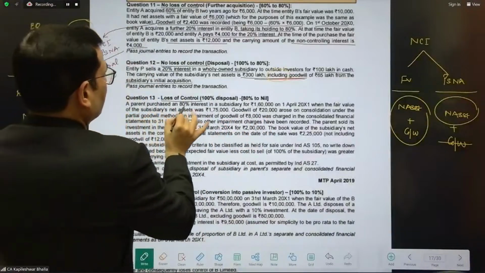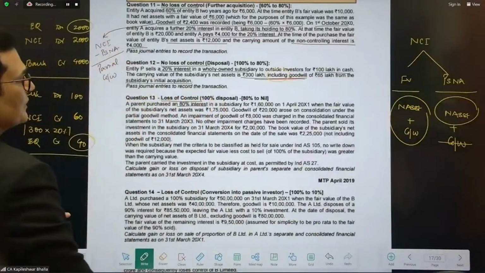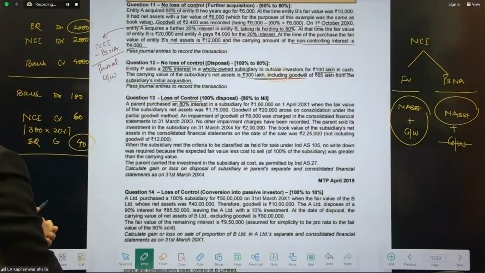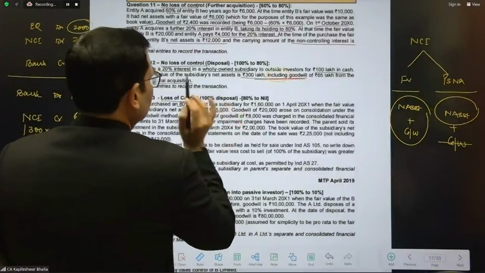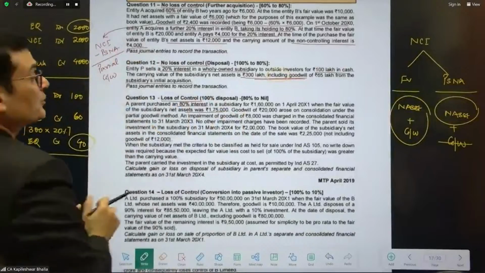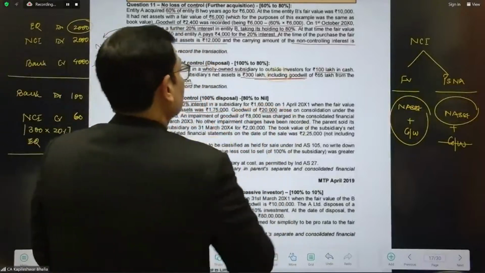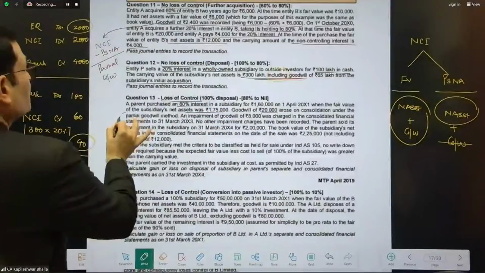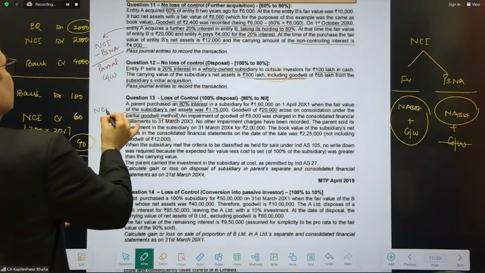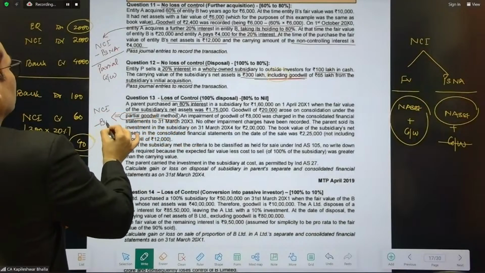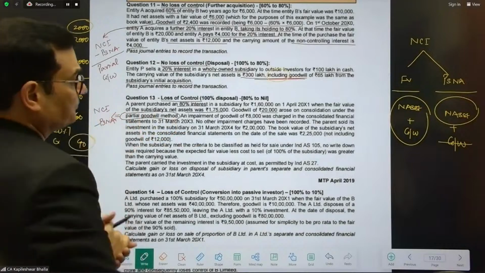It says a parent purchased 80% interest for 1,60,000 on 1st April when the fair value of the net assets is 175. And there is a goodwill of 20,000 which arose under the partial goodwill method, which means the NCI is taken again at proportionate net assets.